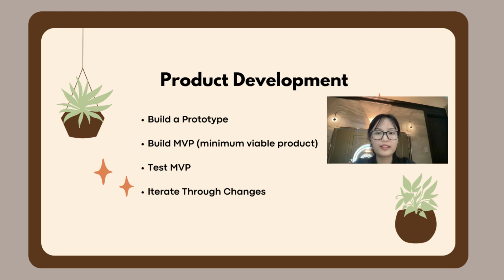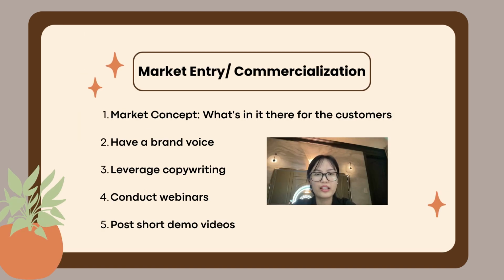For product development, build a prototype, build an MVP, minimum viable product, and test the MVP or iterate through changes. Then comes market entry or commercialization.